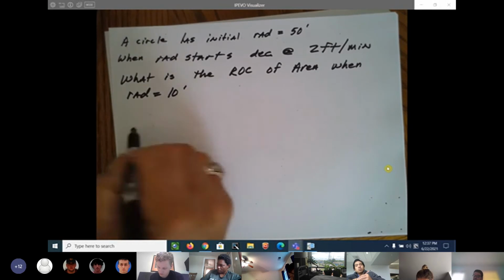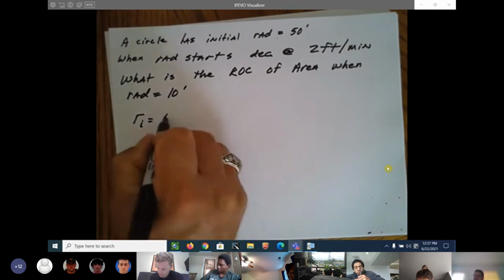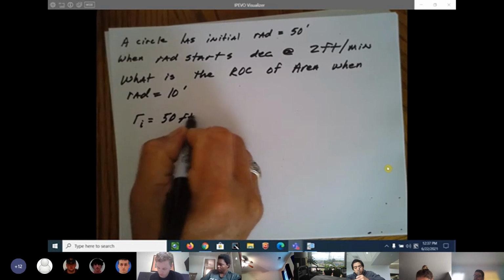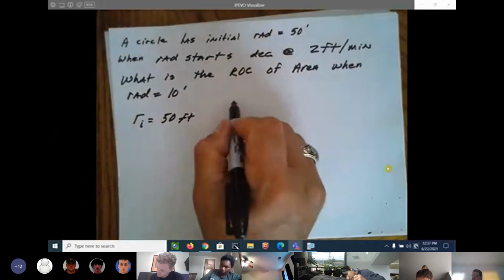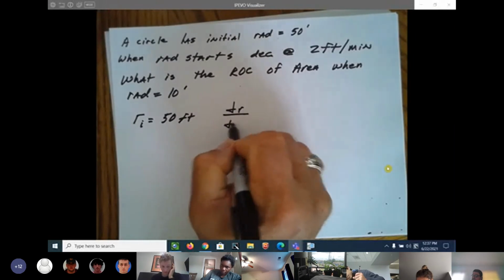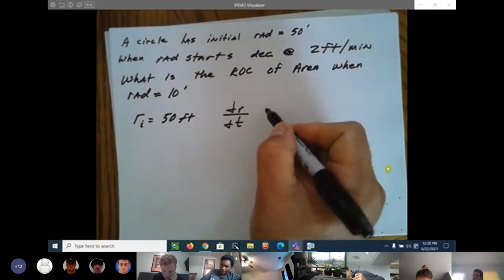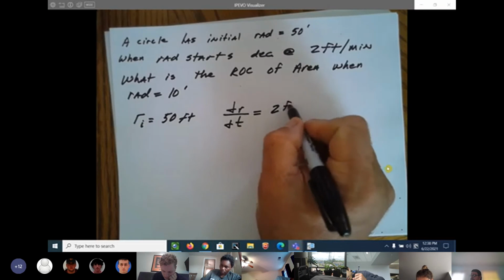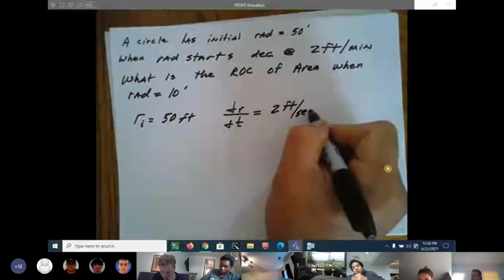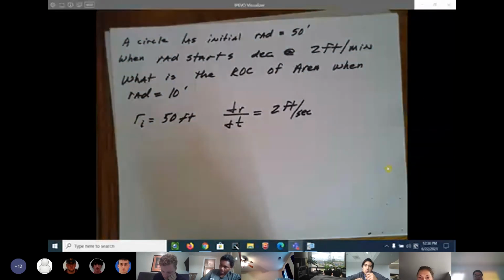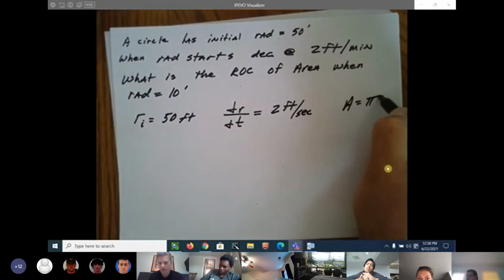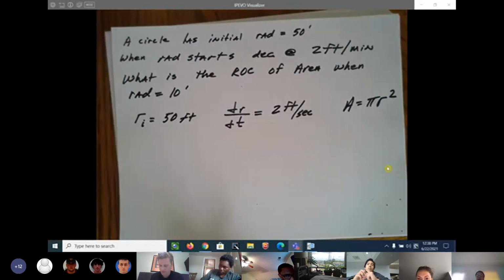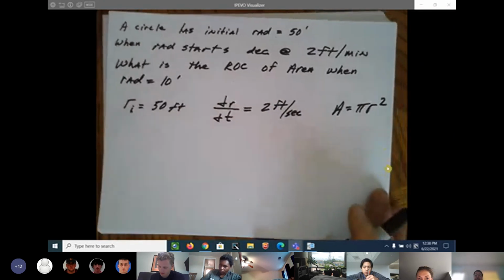We know that the initial radius is equal to 50 feet. We know that dr/dt is equal to 2 feet per second. And what's the area of a circle? Yes, that's right. Pi r squared, class.